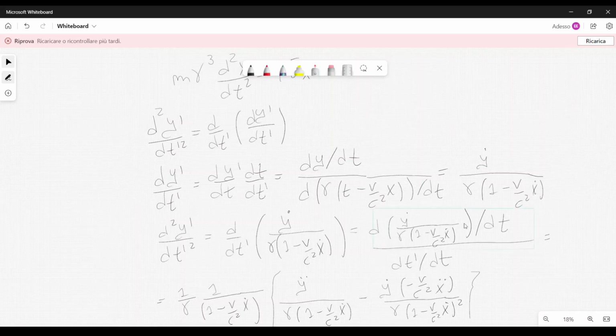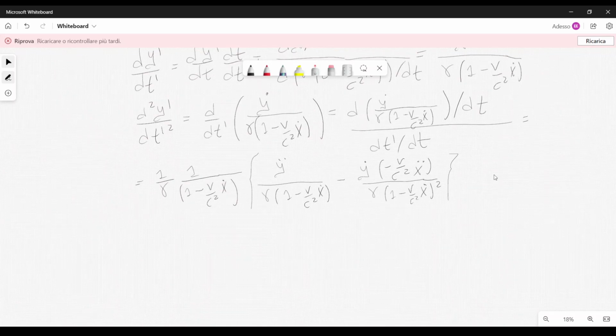And now we know that x double dot is equal to 0 because x dot is equal to v and v is constant. This equation will become d squared y prime over dt prime squared equal to 1 over gamma squared times 1 over (1 minus v squared over c squared) squared y double dot, and this is equal to gamma squared y double dot due to the definition of gamma.